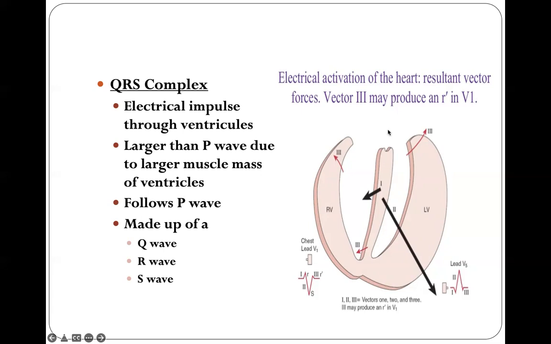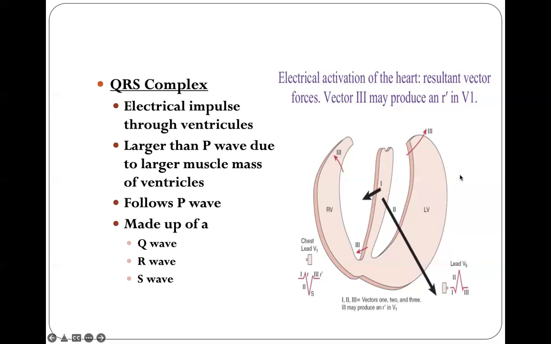The start of ventricular depolarization occurs in the septum, and the septum depolarizes from left to right. So its direction of depolarization is like this. It is towards V1, and when electricity goes towards a lead, it produces a positive wave, as we have mentioned before.